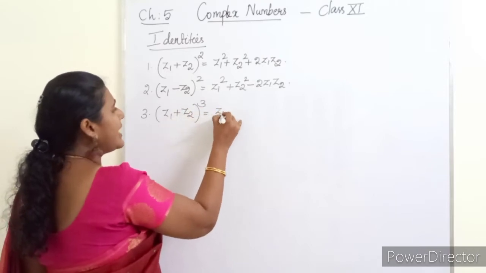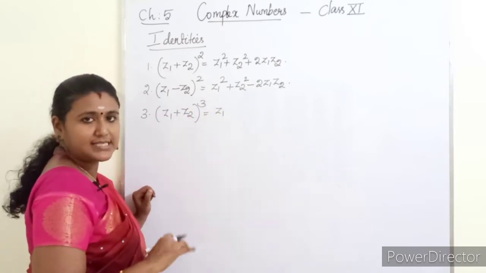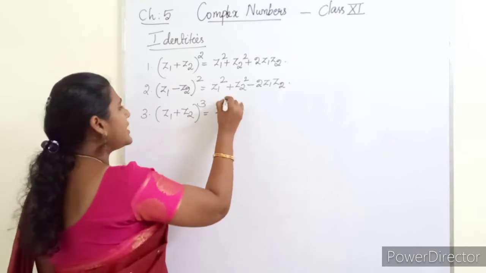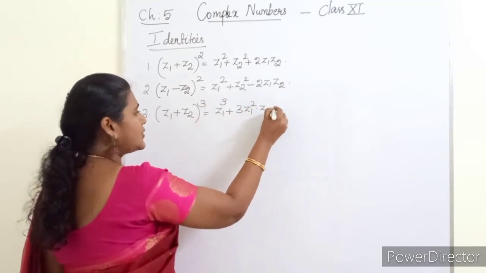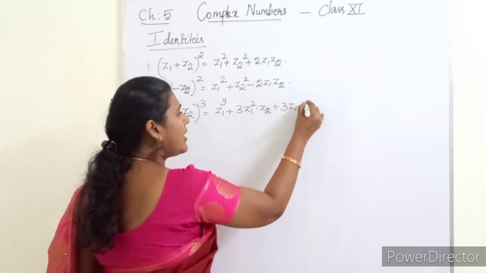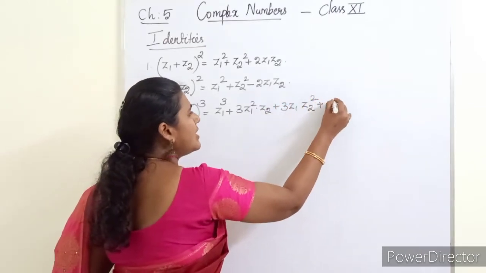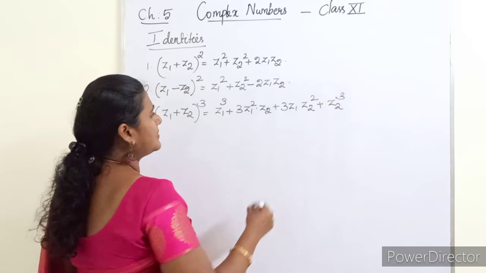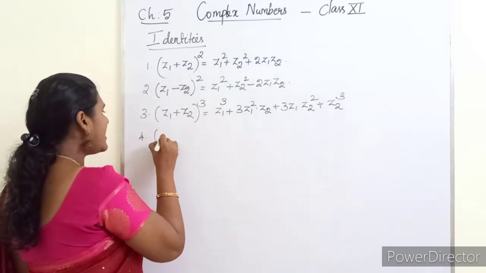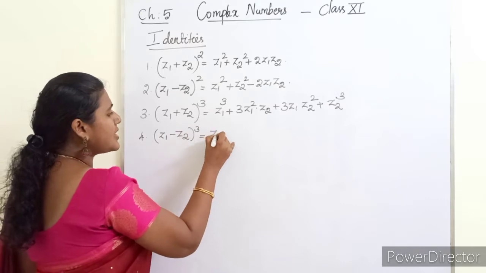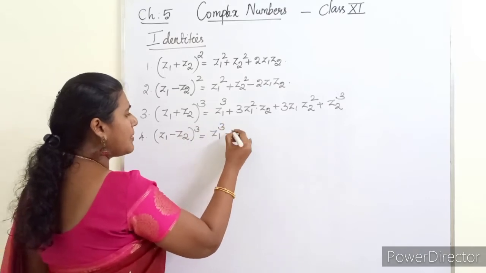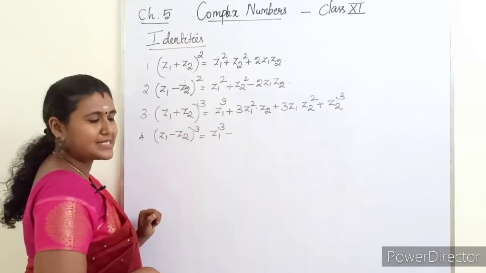Now the third identity is z1 plus z2 the whole cube. This is equal to the a plus b the whole cube identity. Similar to that, we will write z1 cube plus 3 z1 square into z2 plus 3 z1 into z2 square plus z2 cube. Now the fourth one is z1 minus z2 the whole cube, which is equal to z1 cube minus, alternate terms will be plus minus.